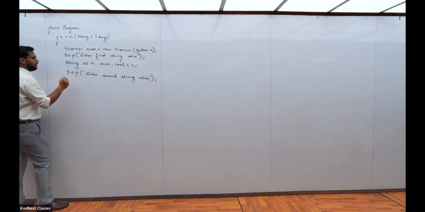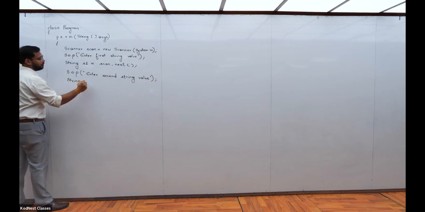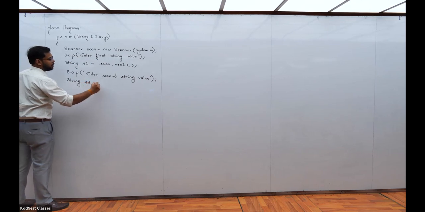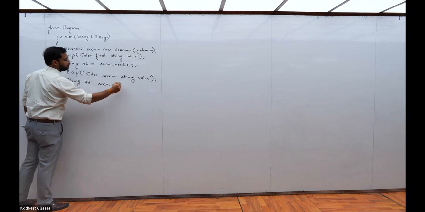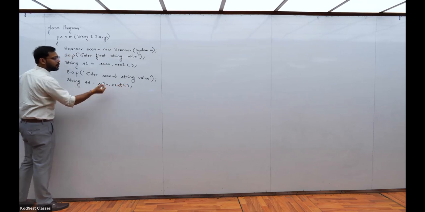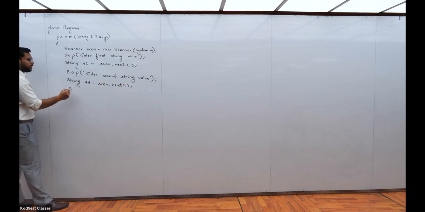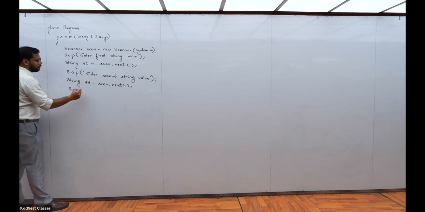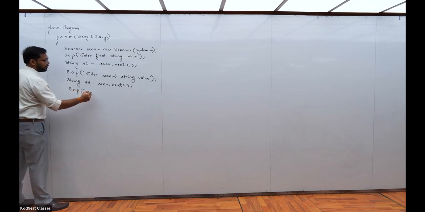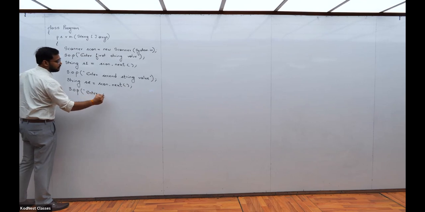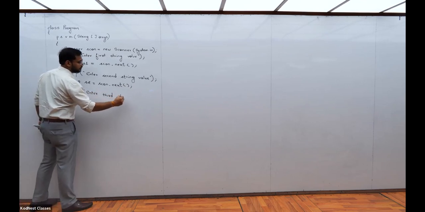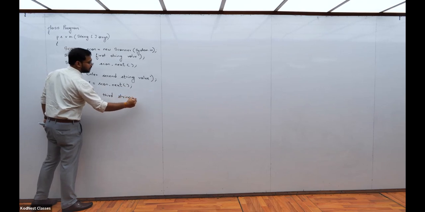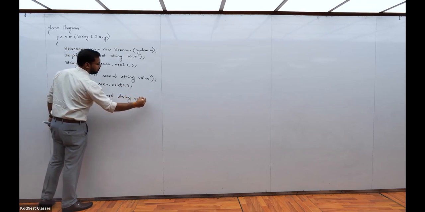And now here I will create one variable, maybe String s2, and inside this, I will store the value which I am reading from the user. Next, again, I will print one more message, System.out.println("Enter third string value").